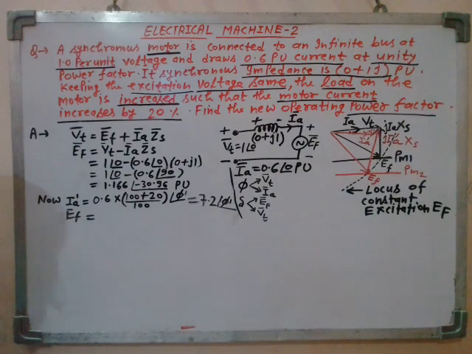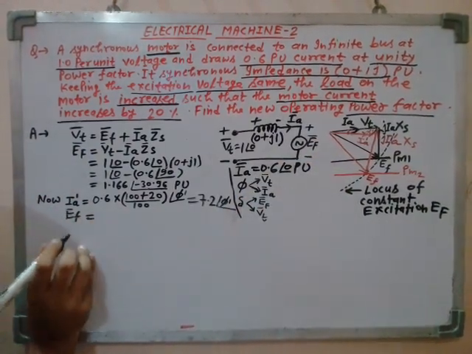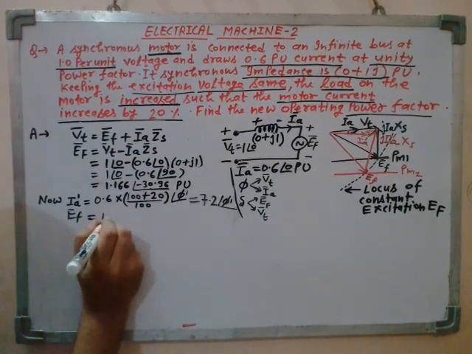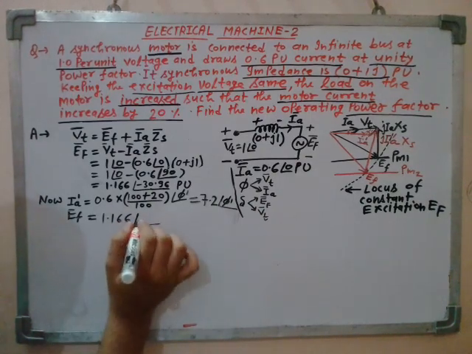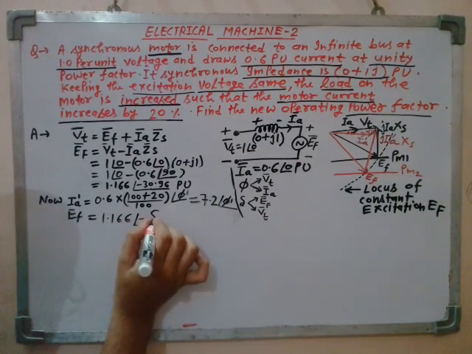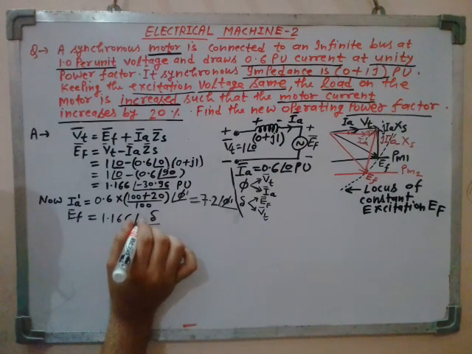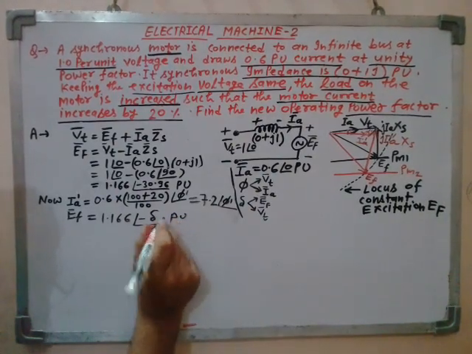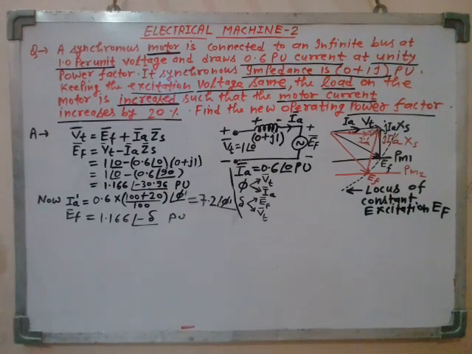So write the new excitation EMF, whose magnitude is the same 1.166, but the load angle will be different. Let me call this delta, with a negative sign because it is a synchronous motor. This is the excitation EMF that you take for the further calculations.